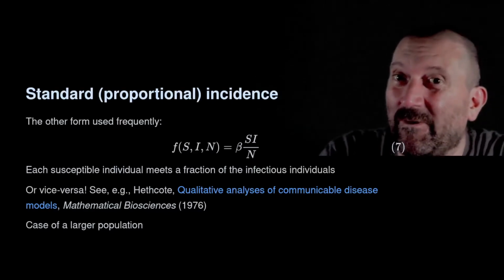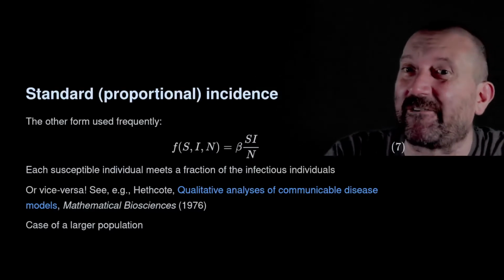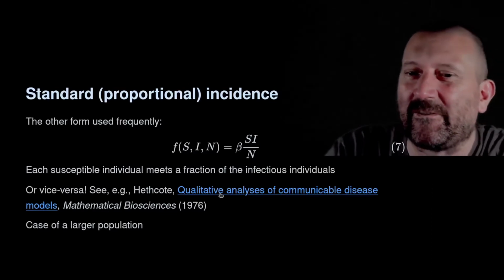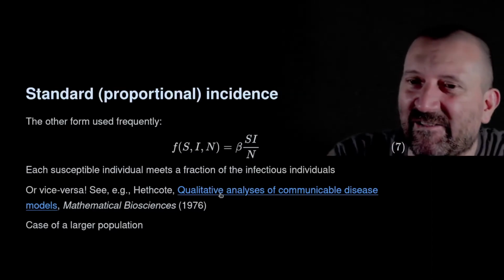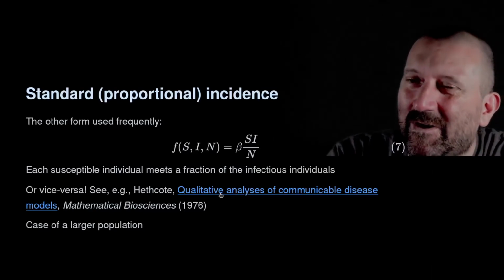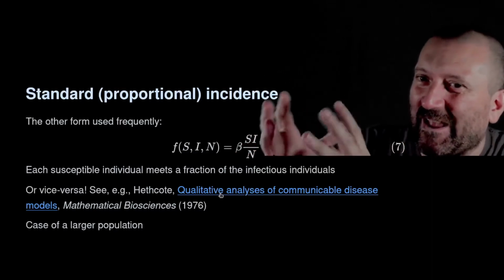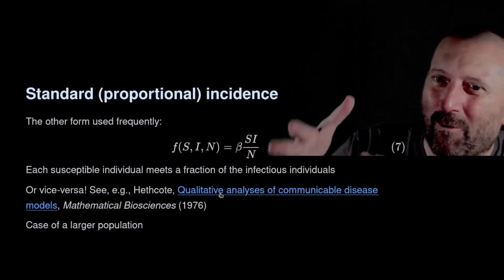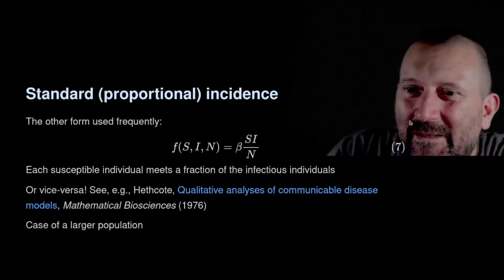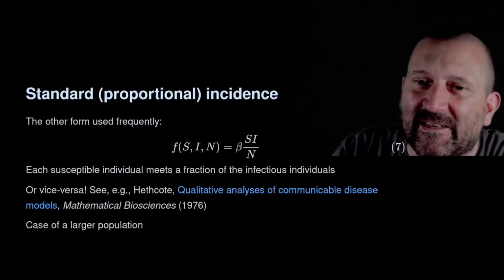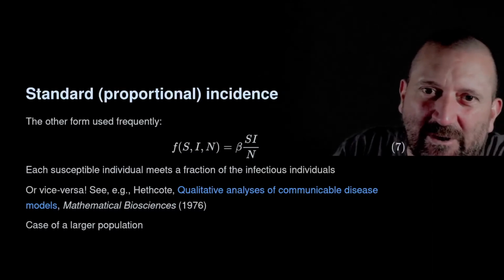It can also be every infectious meets a fraction of the susceptibles. And there's an interesting paper of Hethcote in '76, which has some discussion about the role of considering S over N times I or S times I over N. Typically, you could assume that this is the case of a larger population.